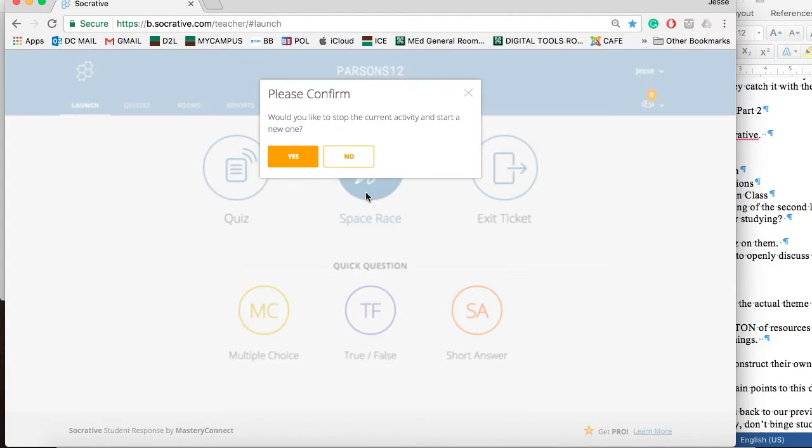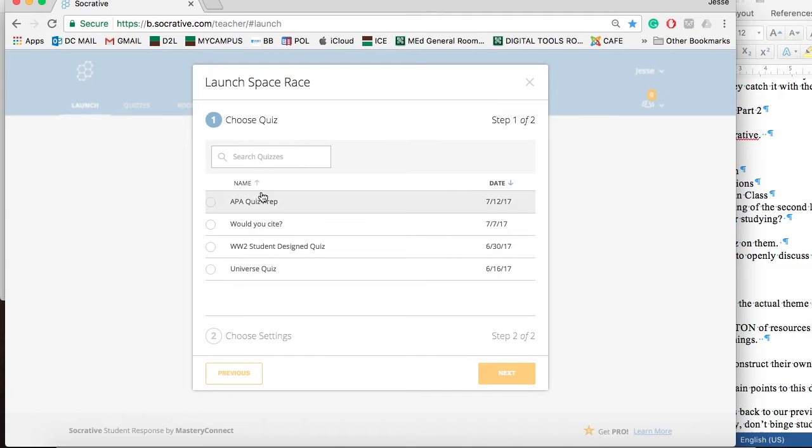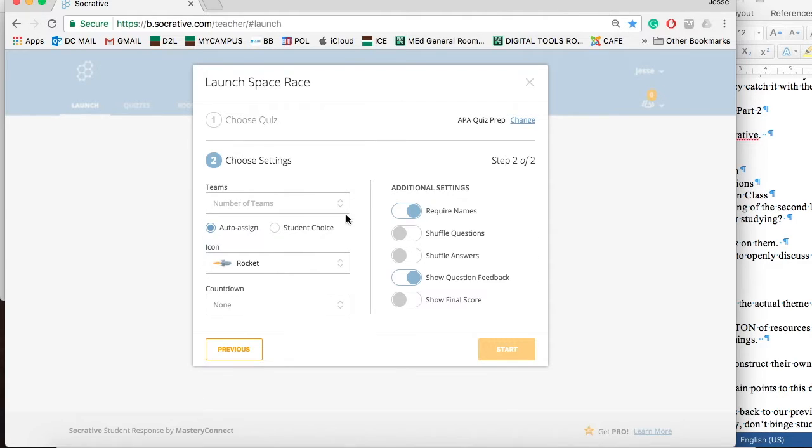So they can do like a space race. They can use an APA quiz or whatever quiz it may be, and they can set up teams. So you could have, I don't know, three different study groups in a biology class, for example. They can have their names there. They can shuffle the questions. So when they do the reporting, they can show the final score.